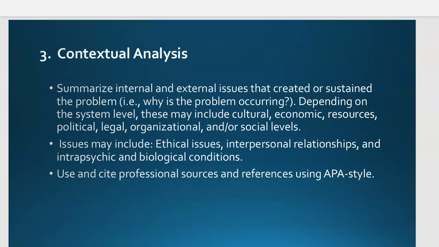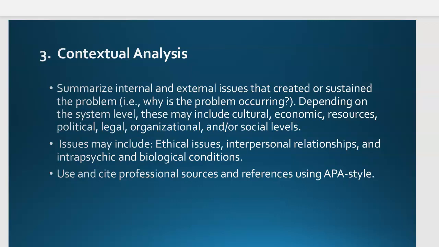This also may be a section where you use and cite professional sources and references. Of course, you're going to be using APA style both for in-text references as well as for your reference page.